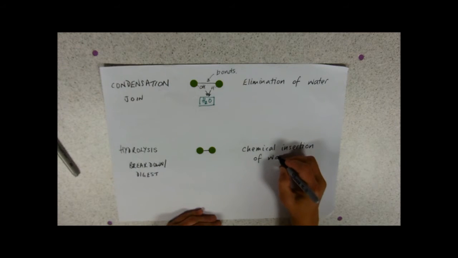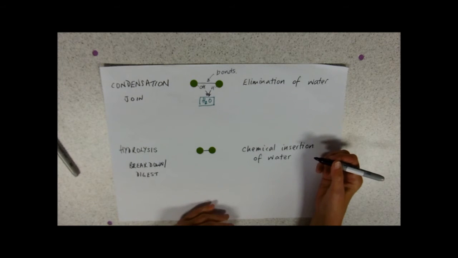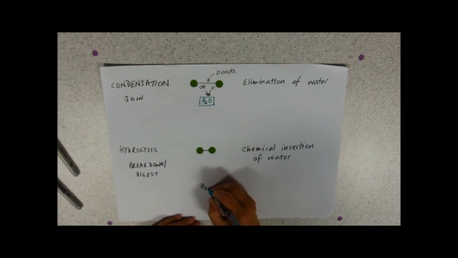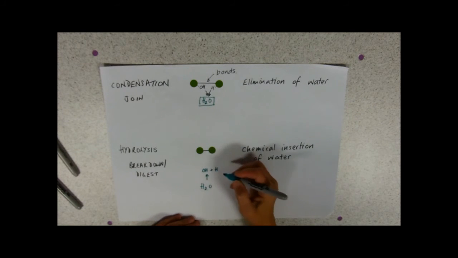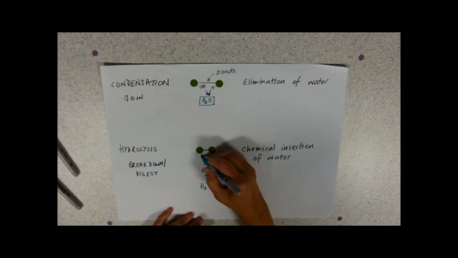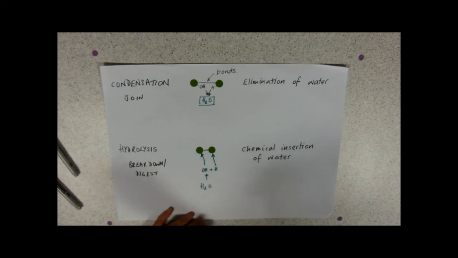If you add water to a dimer, dimers are quite small, lots of them are quite polar, it'll just dissolve. So this is chemical insertion of water. What we're doing here is taking H2O, making it back into an OH group and a hydrogen, and we don't care how that's done because we're not chemists. We're adding back in the OH group to one and the hydrogen to the other, and that bond will break.